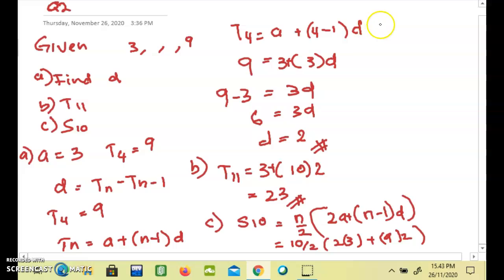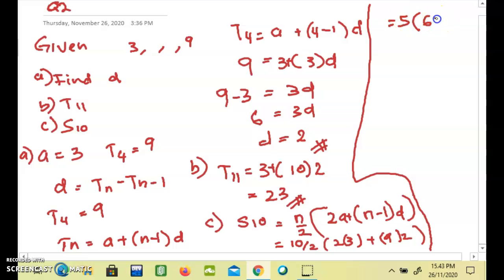Okay, so 5 times (6 plus 18). 5 times 24. So the answer is 120.